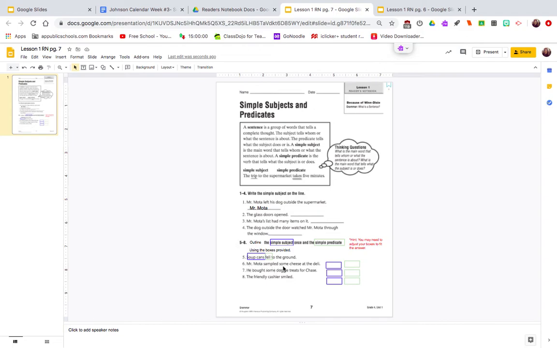Mr. Moda sampled some cheese at the deli. Mr. Moda sampled some cheese at the deli. Who is the sentence about? Good. Mr. Moda is what the sentence is about. Now we need to see, what did Mr. Moda do?